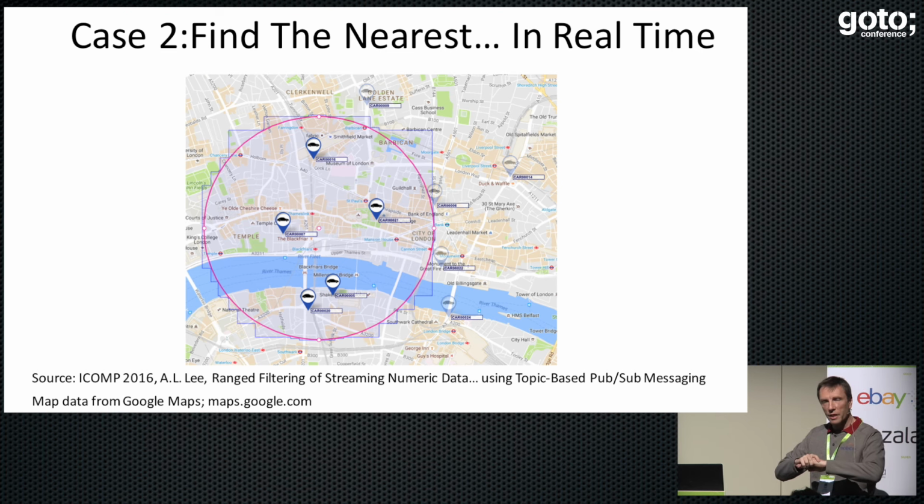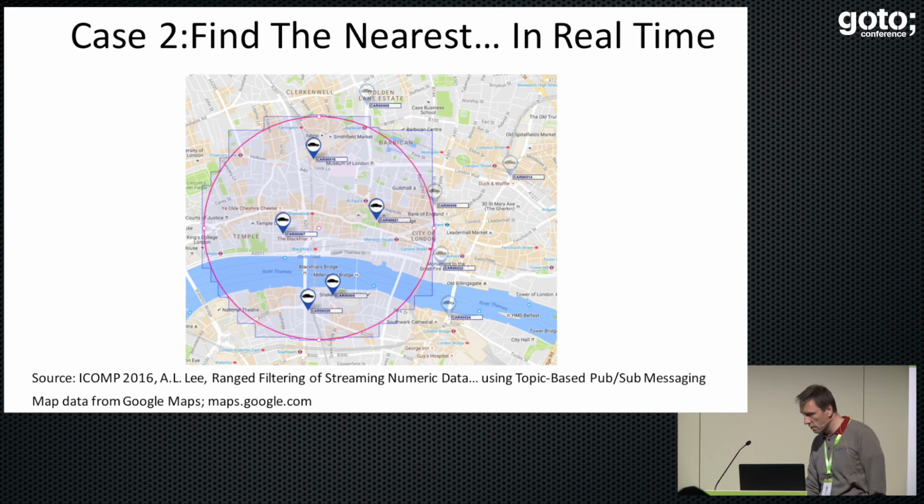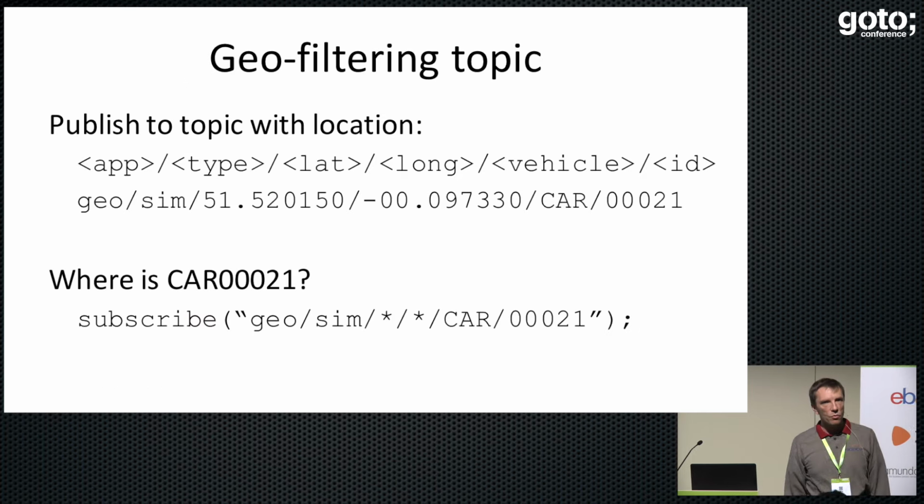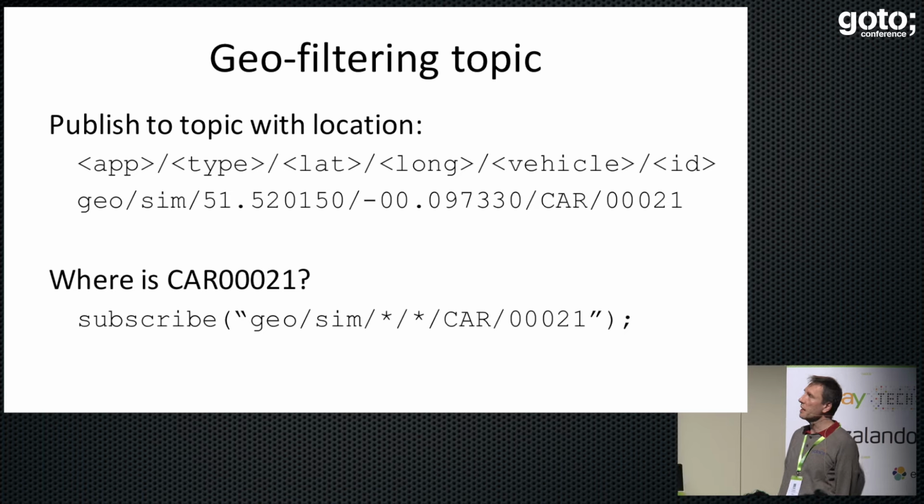Now, we could publish updates from every single vehicle and have the application process all those messages and find the ones that are of interest. But that would entail doing a kind of geographic location matching on every single update from every vehicle. Is there something a bit more simple than that? Well, let's imagine we put the location of our vehicle in the topic.